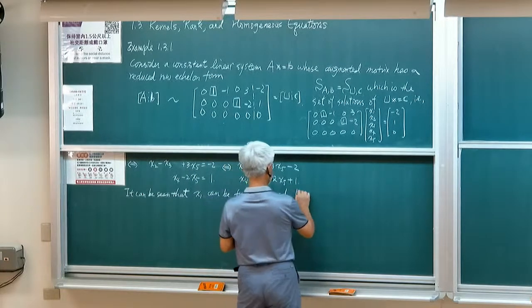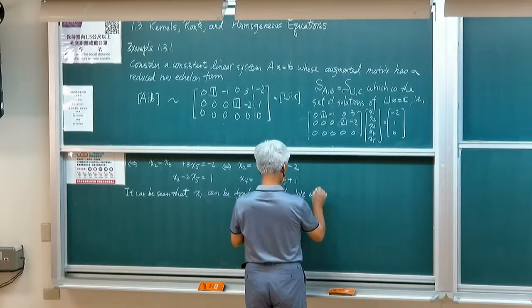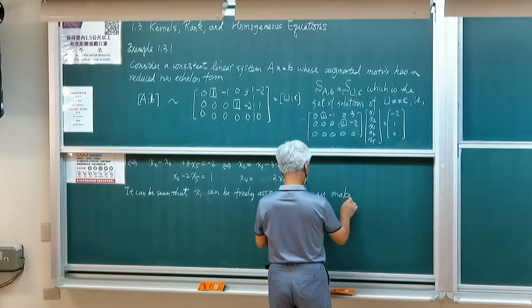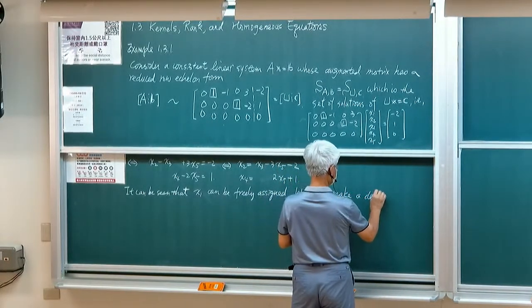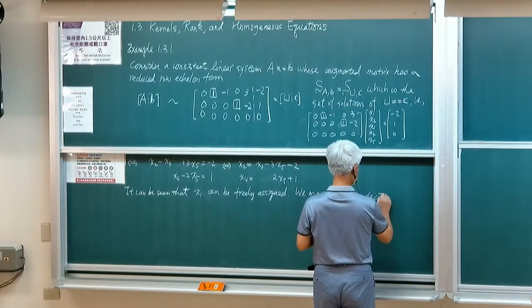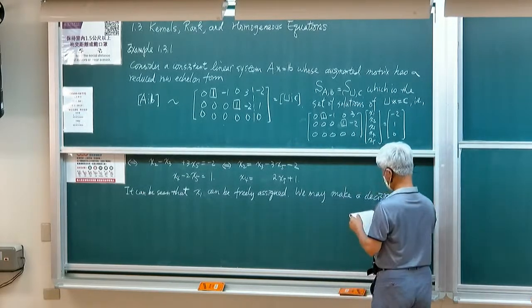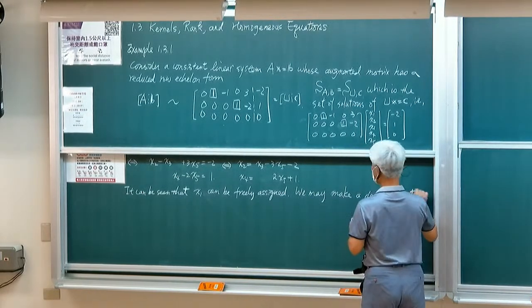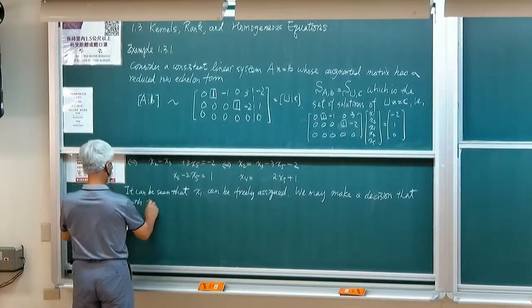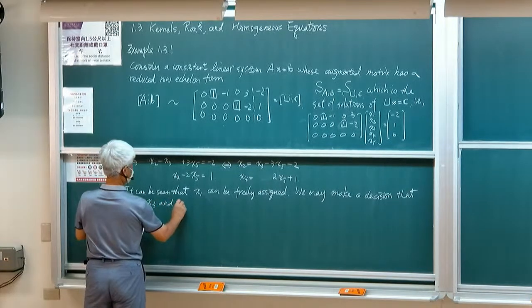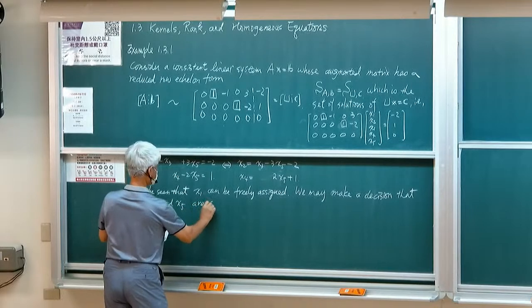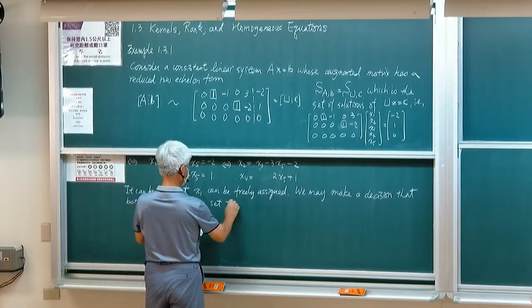All right, now we may make a decision that both x3 and x5 are set to be free.